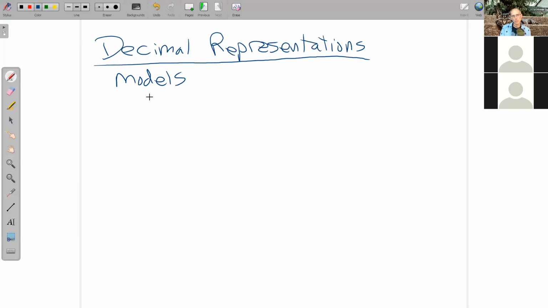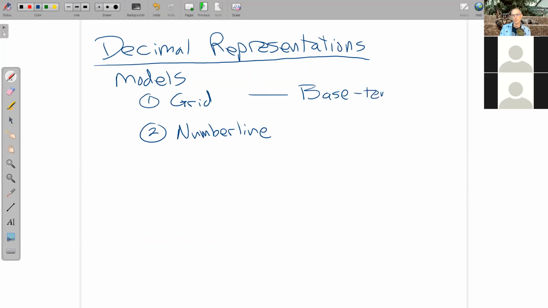We can use a grid model, or we could use a number line model. So the grid model is basically base 10 blocks or some variation of them. So I'm going to look at my base 10 block toy in a minute. And the number line model is just pretty much identifying them on a number line.